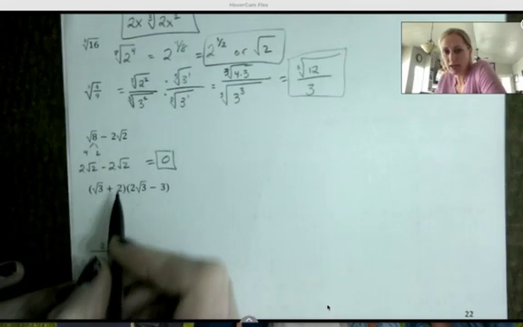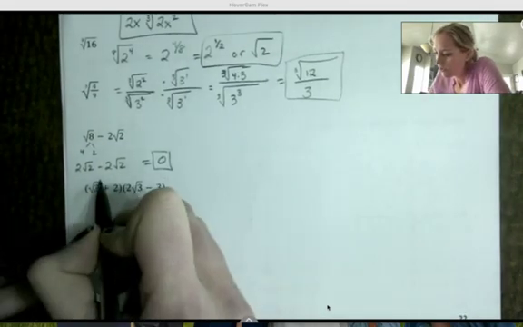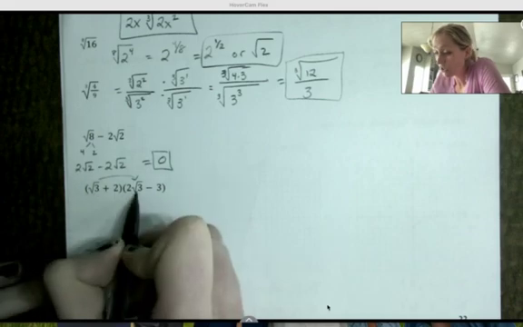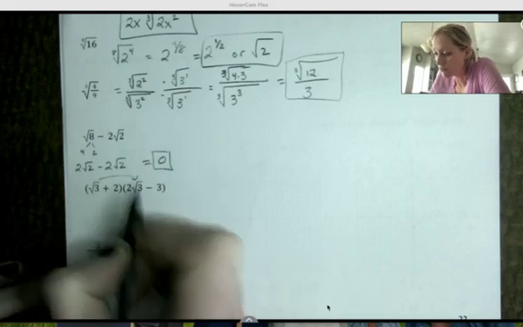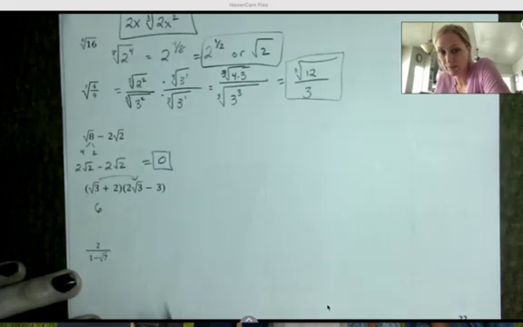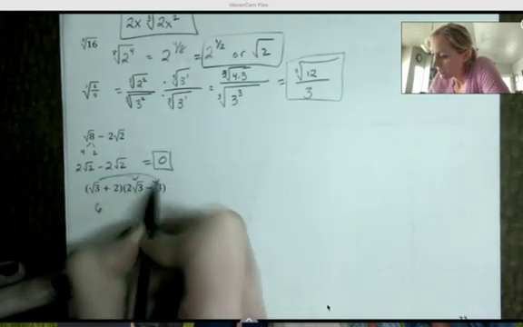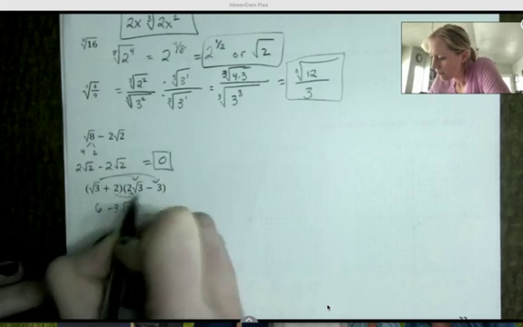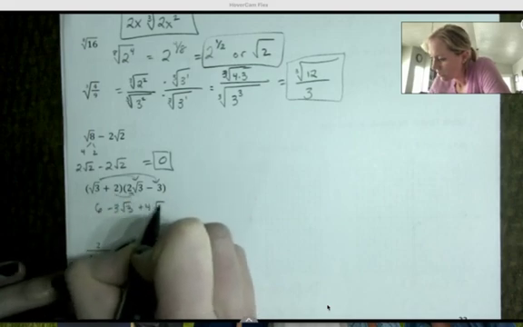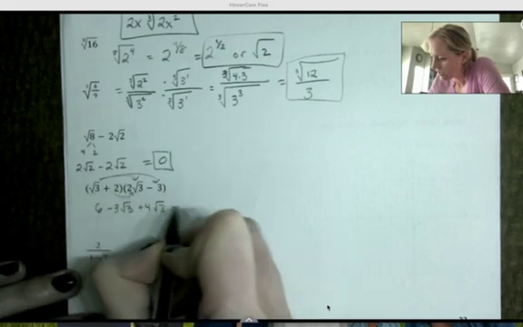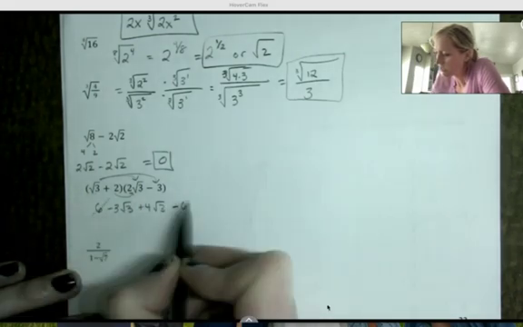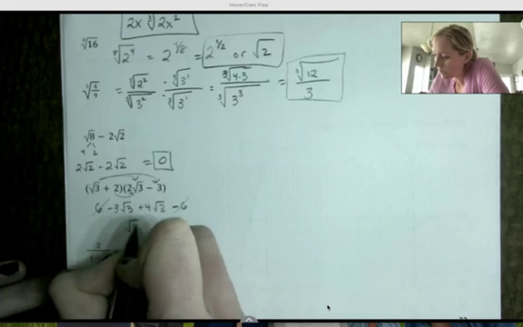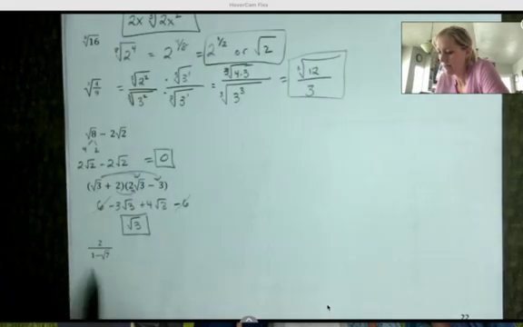Okay, here when I distribute, so I'm going to do here, root 3 and root 3 are just going to be 3. 2 times 3 is 6. Here I'm going to get minus 3 root 3. Here I'm going to get 4 root 3. And then 2 times negative 3 is negative 6. Okay, so 6 and negative 6 are 0. Here, this is going to be 1 root 3 or just root 3.